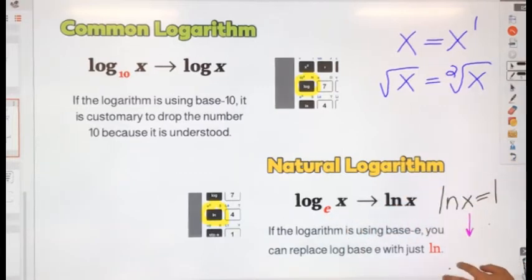So this should be some base e raised to the power of 1 equals x. So on the homework, you will see convert ln's into exponential forms. Don't get confused. Just know that this is a base e. ln of x represents base e when you convert it. You're raising e to some power.